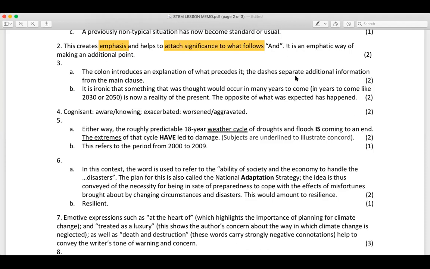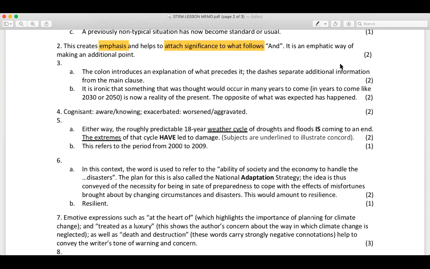And then the dashes, remember, separate additional information from the main clause. Remember also the dashes are used as parentheses, sometimes for the purposes of non-defining clauses. Yes, they do add separate additional information, but which doesn't necessarily hold a definitive aspect.